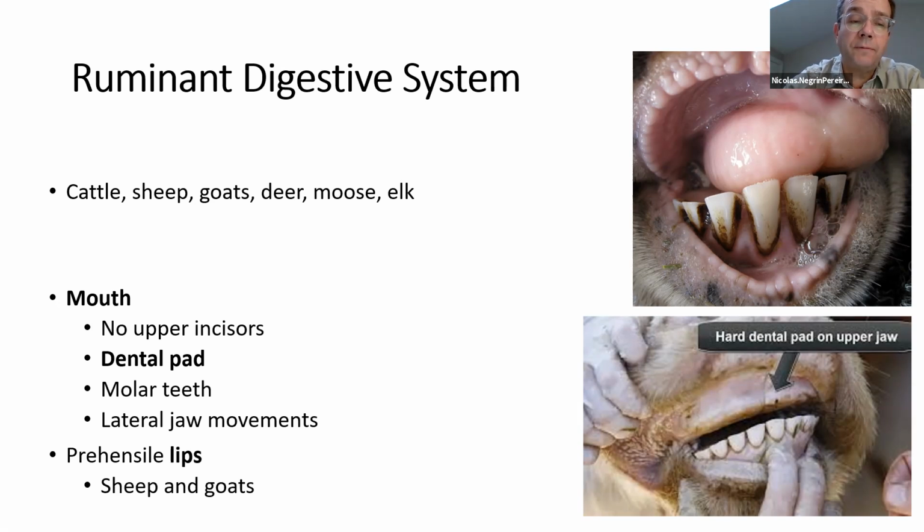In the case of sheep and goats, they are characterized by very prehensile lips, which is a big difference from cattle. Cattle do not have that property of being very selective in terms of what type of grass or plants they are going to be eating. They have a mechanism that resembles a scythe.